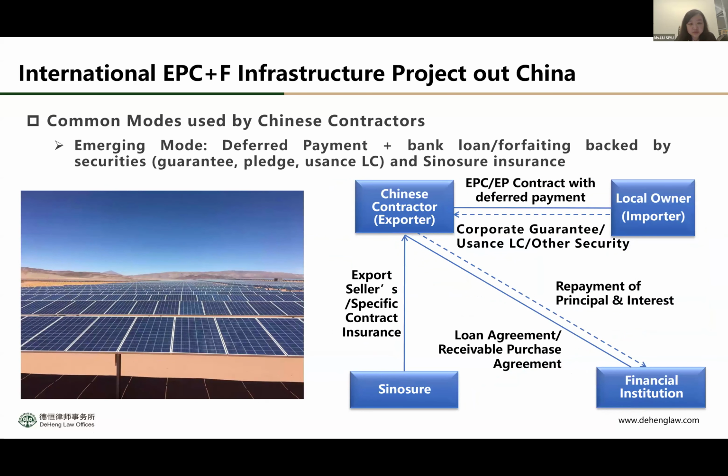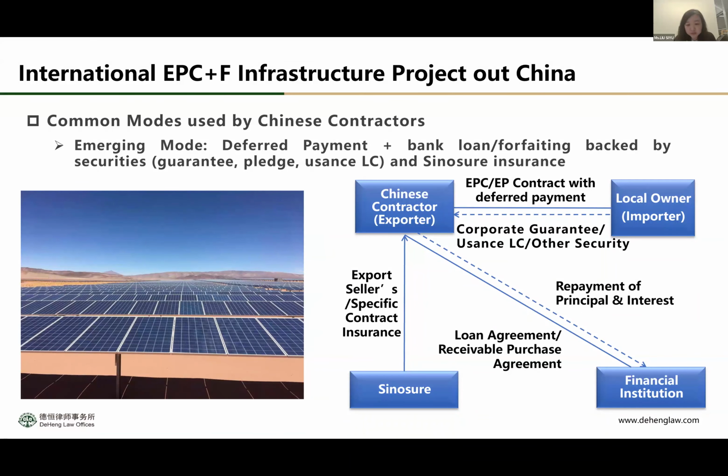The third mode used by Chinese contractors is an emerging mode we call deferred payment. To be honest, I have worked on many of these deferred payment projects in recent years, but based on my experience they are mostly not huge projects like metro projects, but more used in renewable energy projects like solar and wind, and we also do waste-to-energy projects.